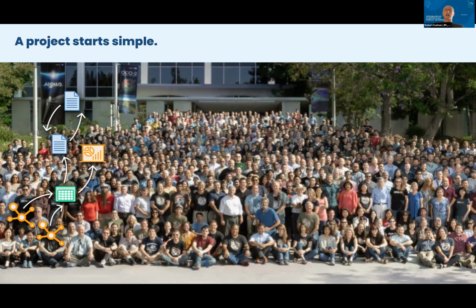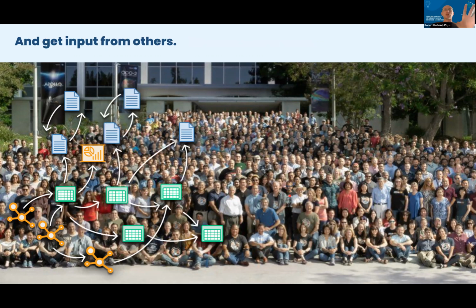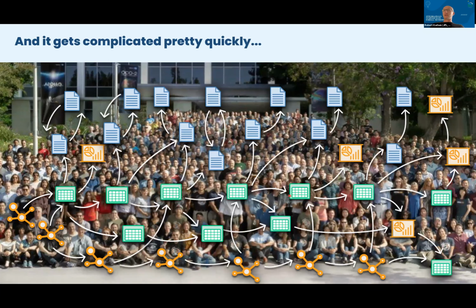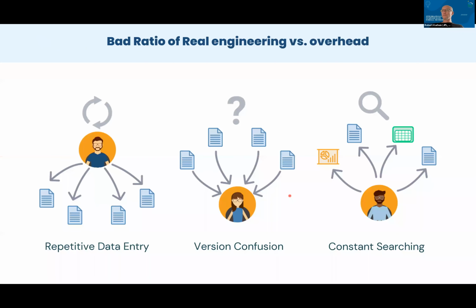You have some models, spreadsheets, PowerPoint presentations, documents, and as you go through the development process, the engineers iterate on their models, on their data, on their analysis. And this network proliferates, so you have more and more documents, spreadsheets, and models. At some point you have this maze of distributed data, so it gets complicated very quickly.